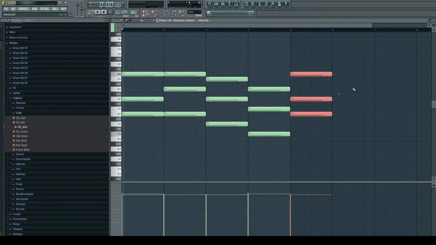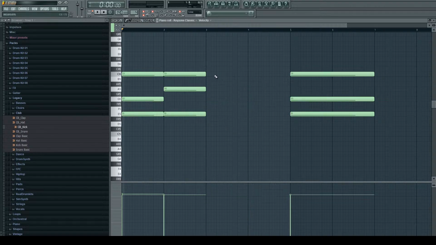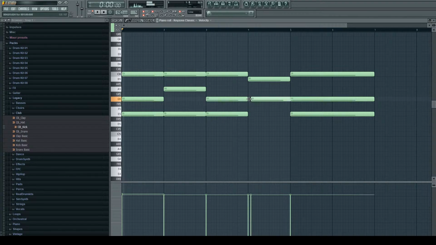So you can also use the fourth as an ending chord. But I think it's a little more subtle than using a G chord. So let's switch that and see the difference. I'm gonna go back to G major using a second inversion.